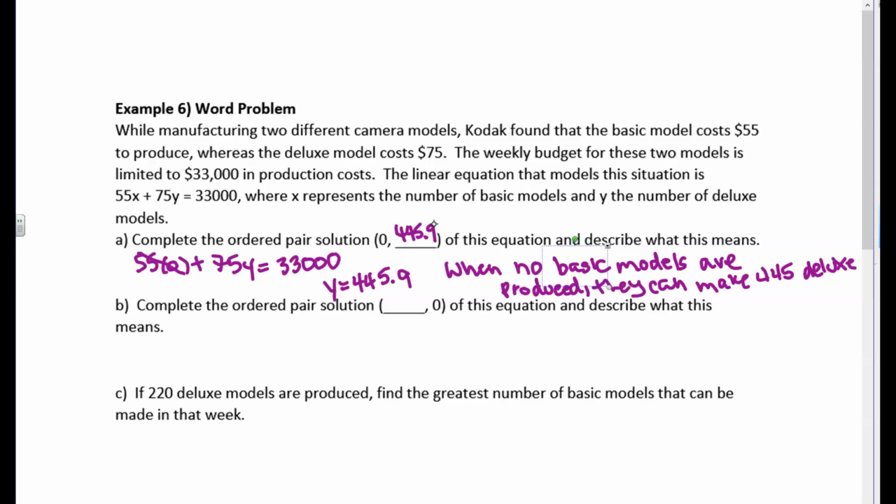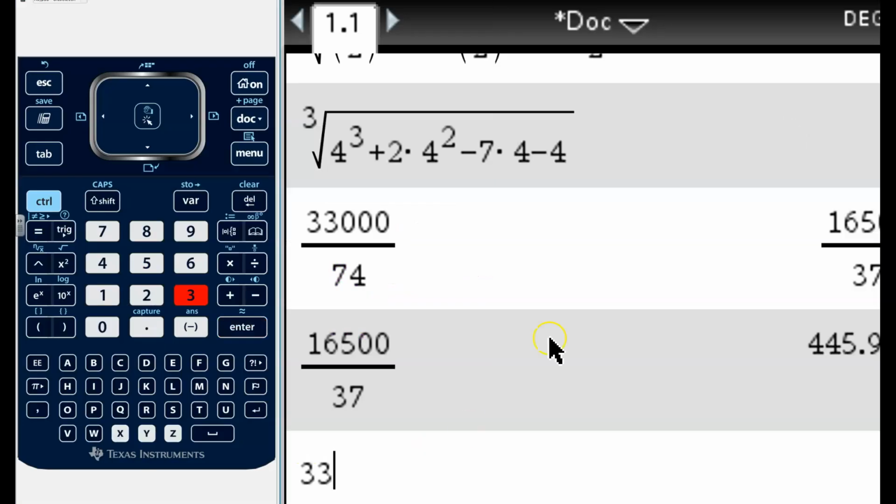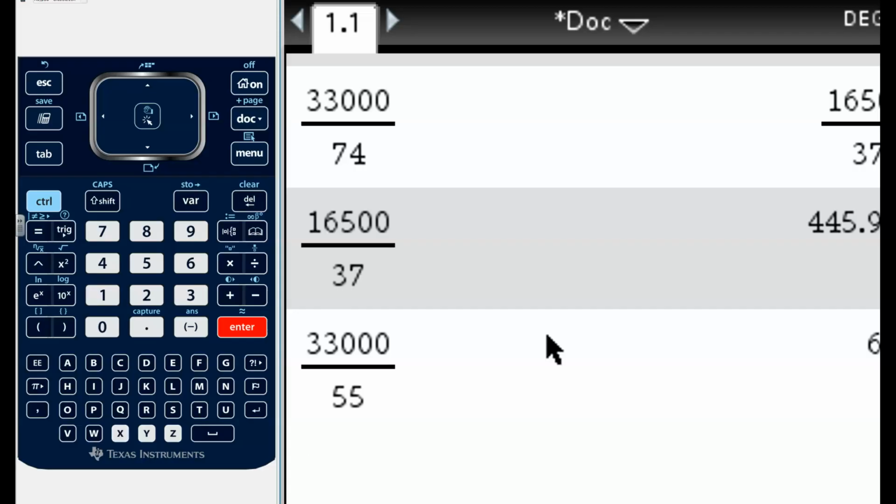Now, if we're looking at the ordered pair, blank comma 0, that means I'm going to let my y value be 0, meaning I'd have 55x plus 75 times 0 equals that 33,000. And this time, this piece goes away. So to solve this, I just divide 33,000 by 55. I go back into my calculator. 33,000 divided by 55, and I get 600.